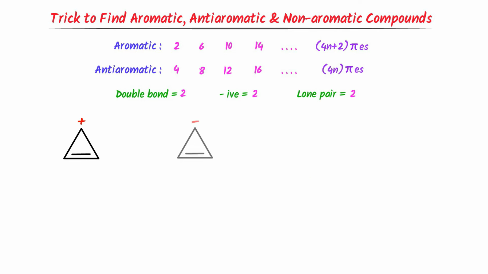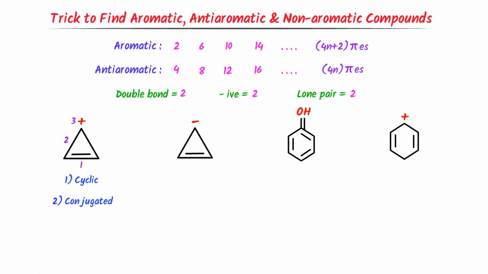Now consider these aromatic compounds. This aromatic compound is cyclic. Secondly, it is also conjugated. It contains one double bond, so I write here 2 electrons. According to the rule, if a compound contains 2 electrons, it is aromatic. So this compound is aromatic.